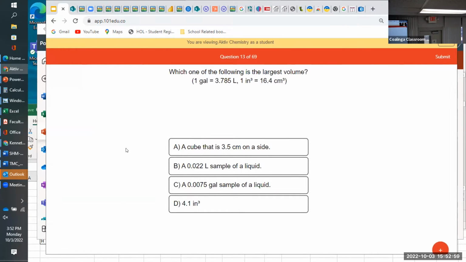Okay. Which of the following is the largest volume? And they give you conversions too.